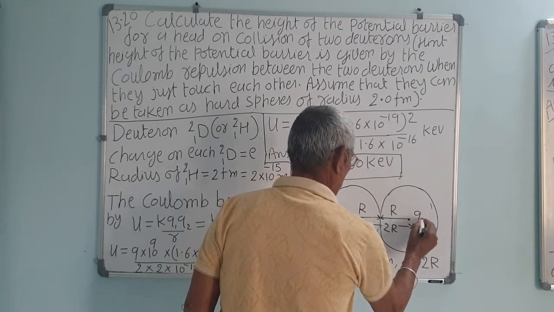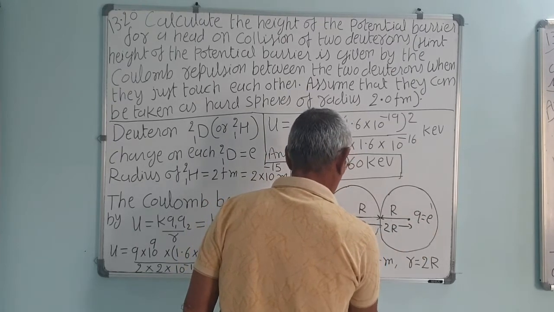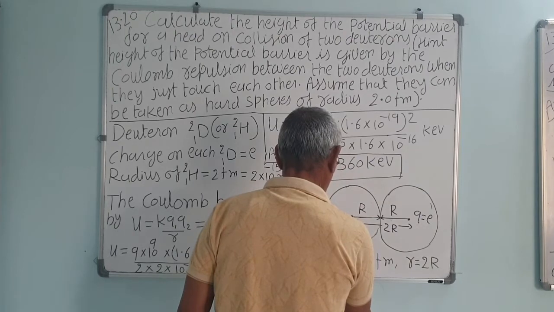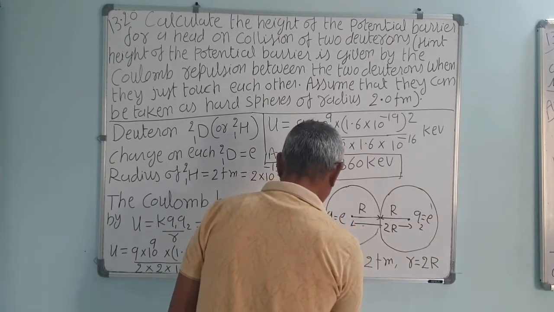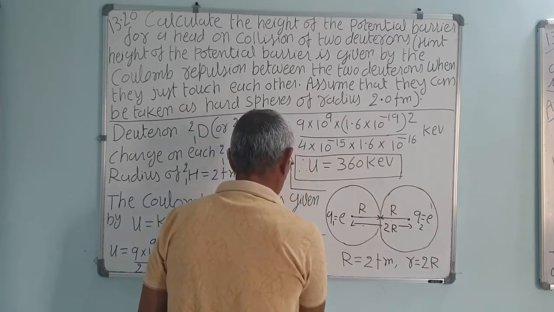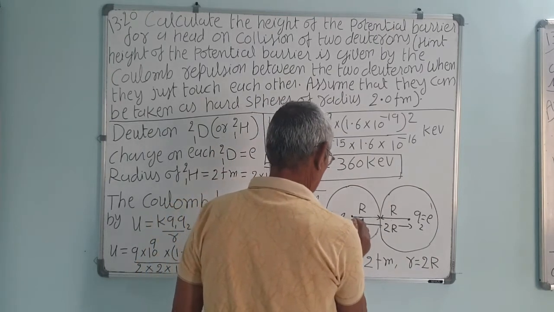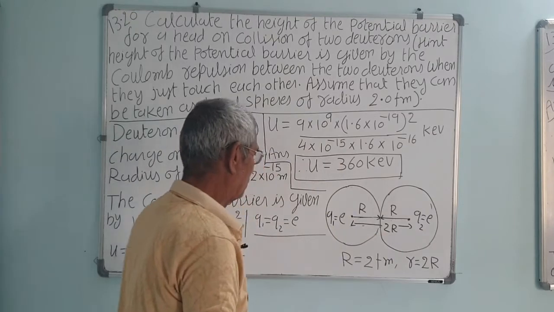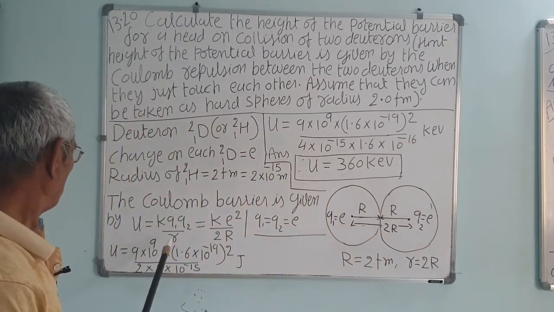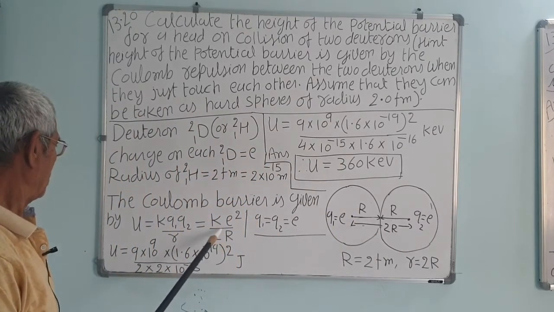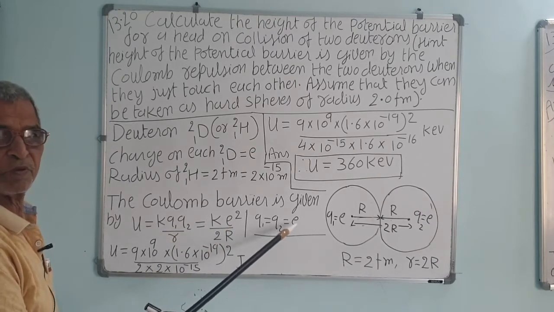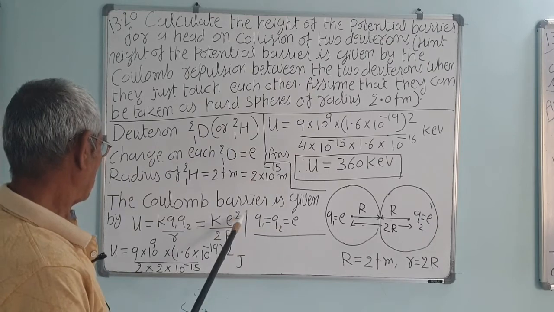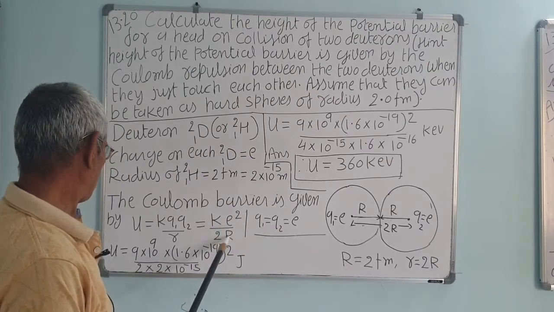Q1 is equal to E, Q2 is equal to E, so Q1 is equal to Q2 is equal to E, both charges. The distance between them is 2R. So U is equal to K E square upon 2R. That is very simple.